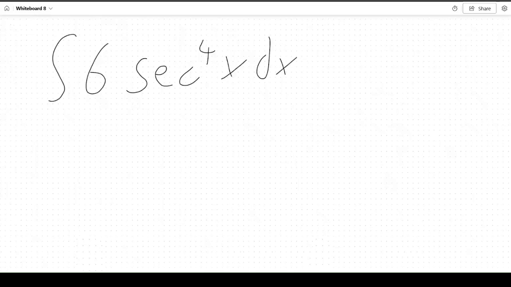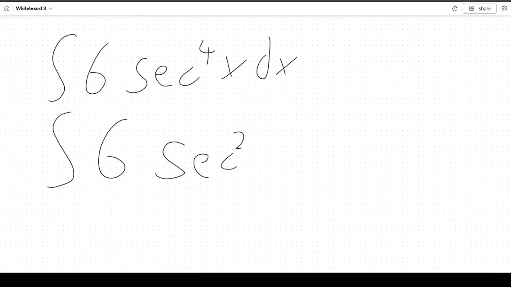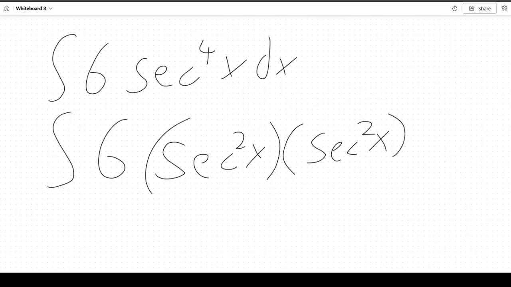So here we have the integral of 6 secant to the power of 4x dx. So we can have a secant squared x here. We can take 2 out. Secant squared x here. Secant to the power of 2x is equal to tan squared x plus 1.